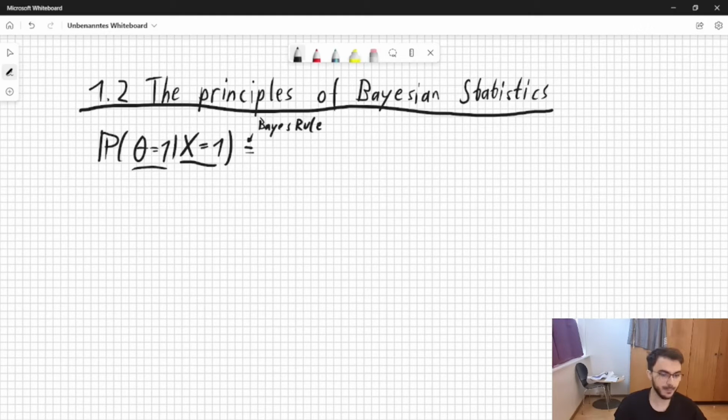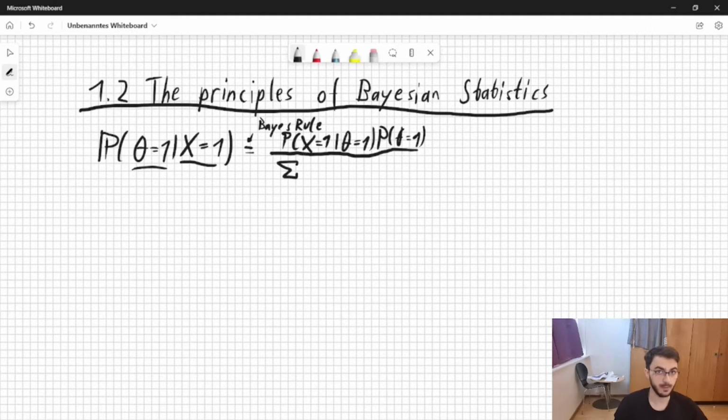So by Bayes' rule, we can write this probability as the inverse probability, the probability that x is equal to 1 given theta, times the prior, divided by the general probability that x is equal to 1, which we can write as this sum over all values of theta.